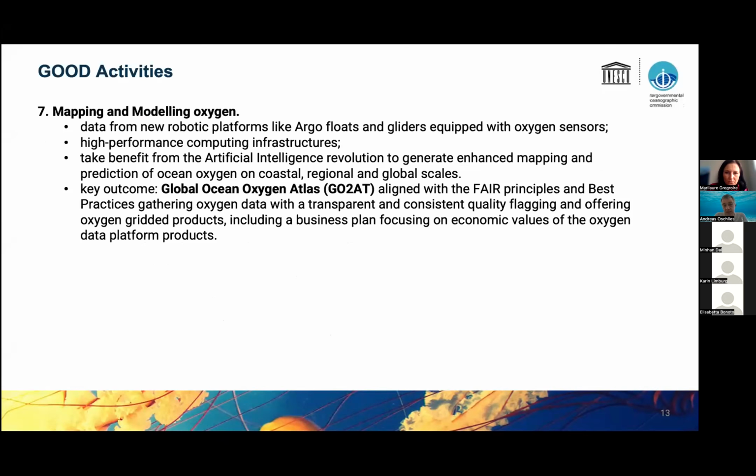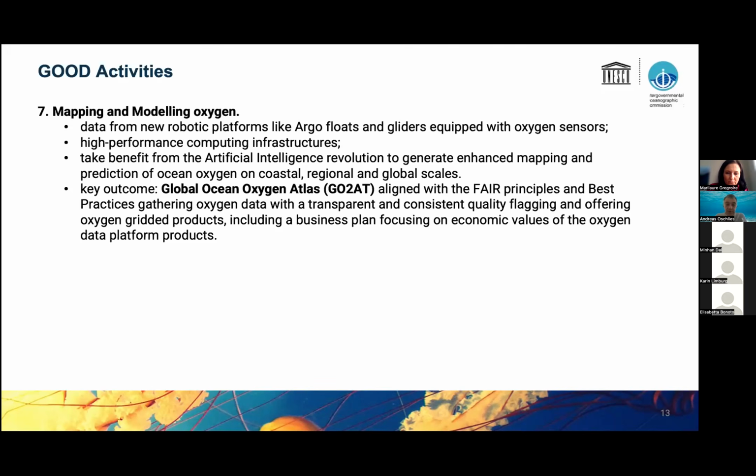And here, robotic platforms and low-cost sensors that can be deployed along the coast will help a lot. Maybe also new computing infrastructures will help to map, to interpolate, extrapolate. And there's hope that we can also benefit from the artificial intelligence revolution to gain a better understanding of this hugely distributed data of different quality, at different times, in different regions of the global ocean.